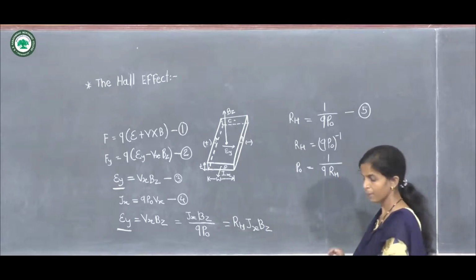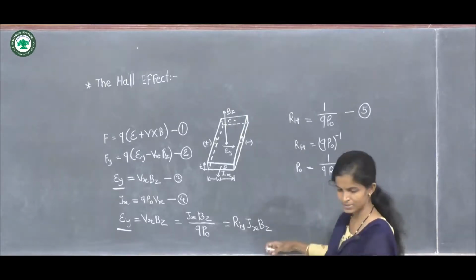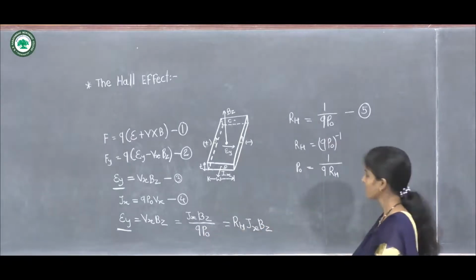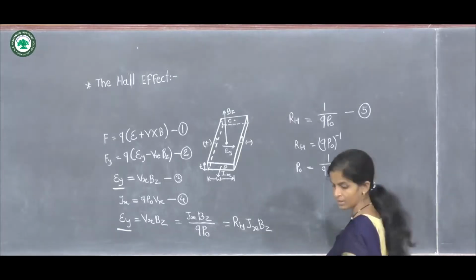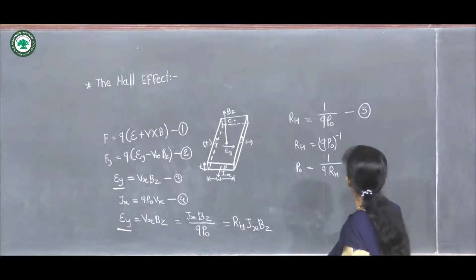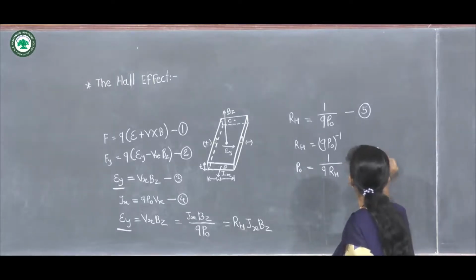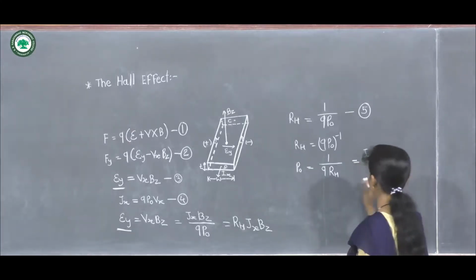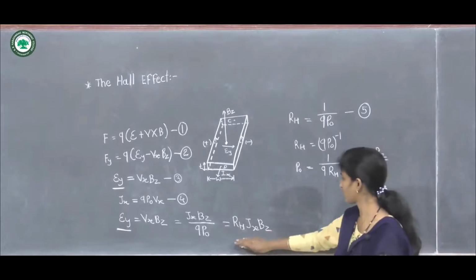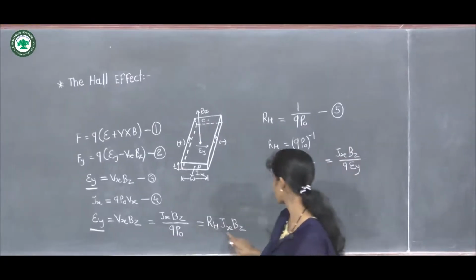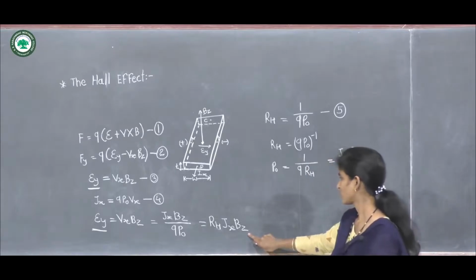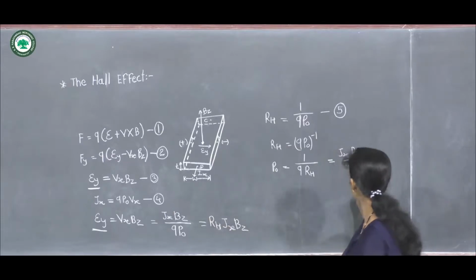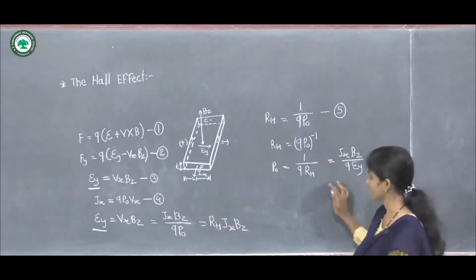By putting the value of RH from the equation Ey is equal to RH into Jx into Bz, we may write it as Jx into Bz upon Q into Ey. So we got 1 upon RH is equal to Jx Bz upon Ey, and we have put this value in this equation.